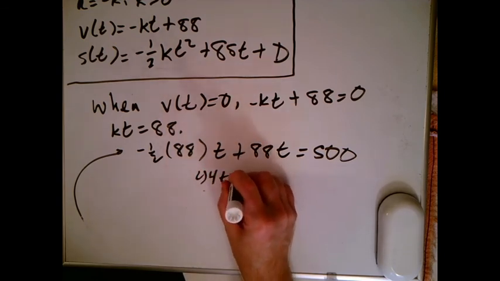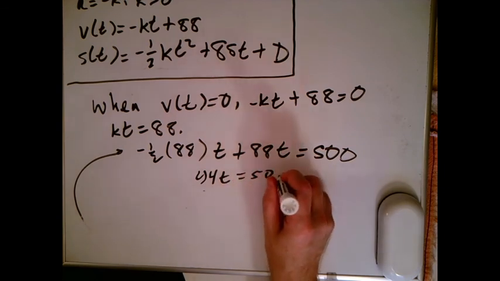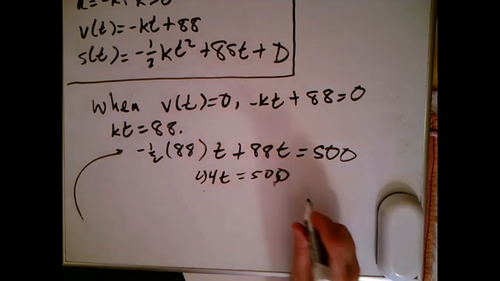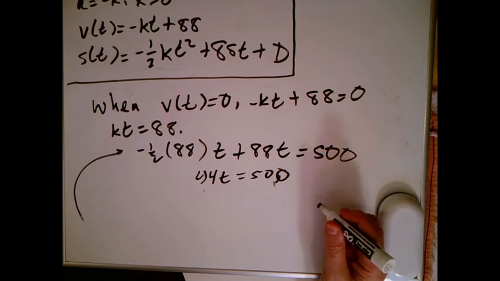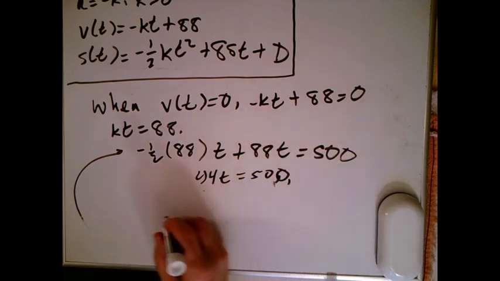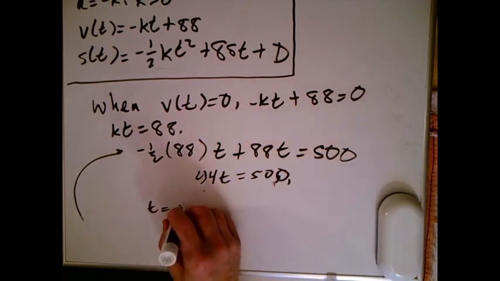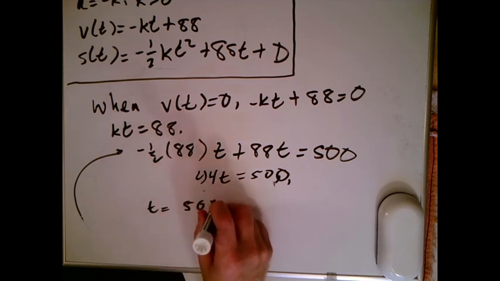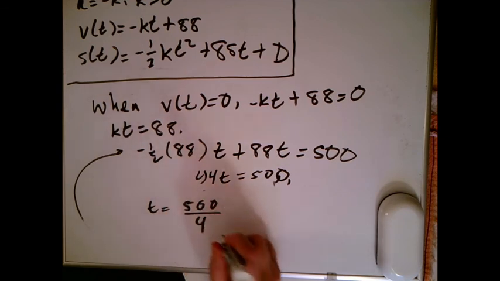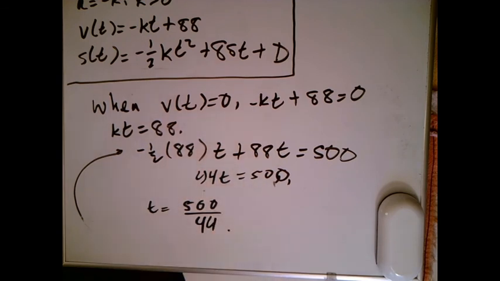So we're going to get 44t equals 500. And so t is equal to 500 44ths. Now that's the time it comes to a stop. That's not k.